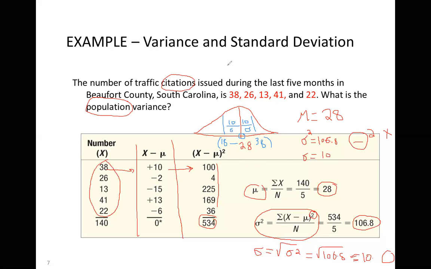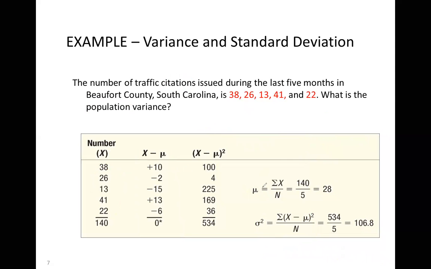So just to clear all that up. Now we are using mu and we are using sigma squared. I need to differentiate whether you are calculating the mean or the variance from the population data or from the sample data.